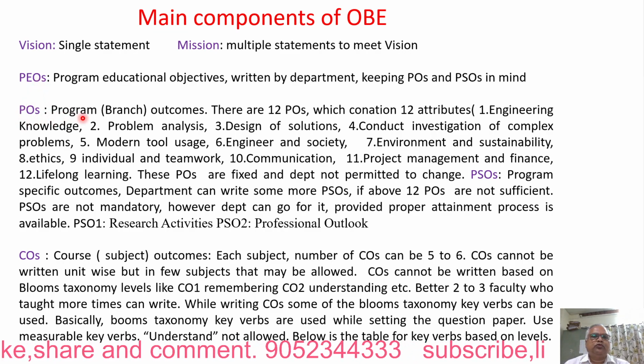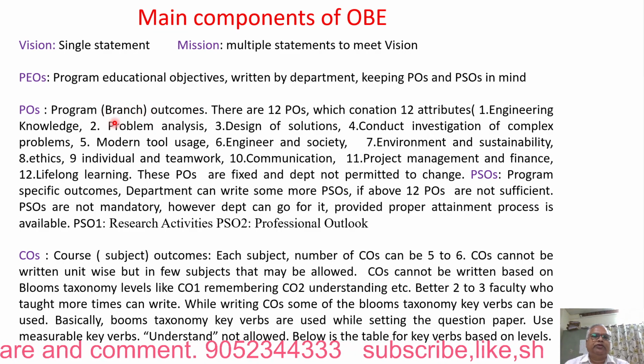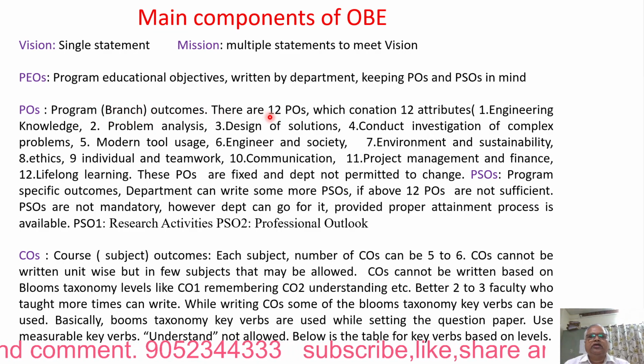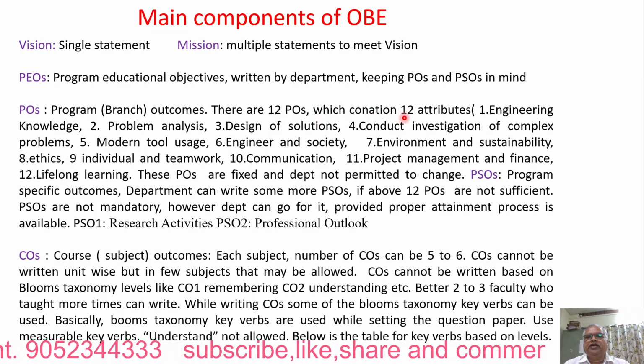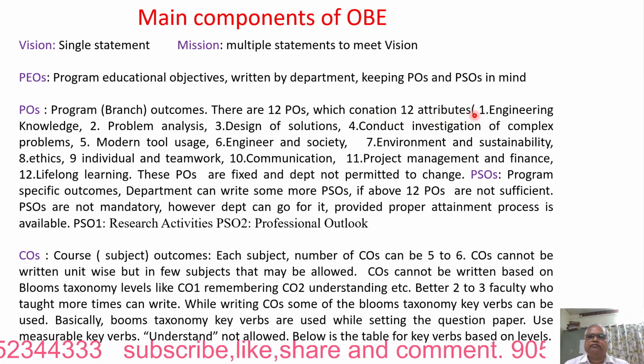Then POs, program outcomes. Program means here branch. There are 12 POs which contain 12 attributes.